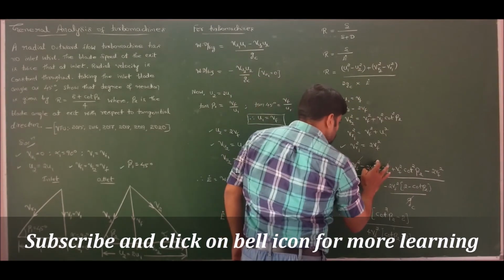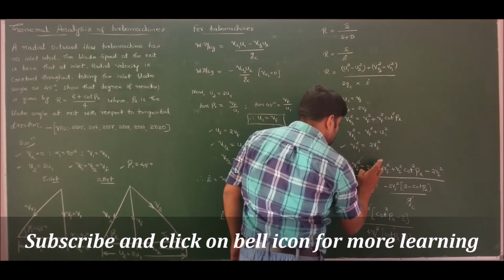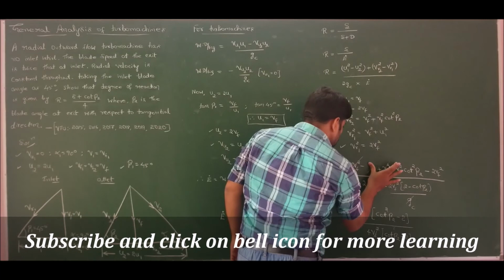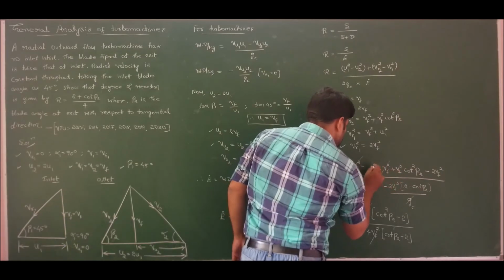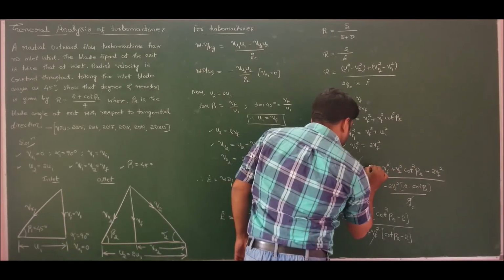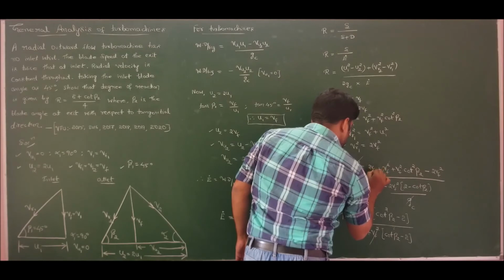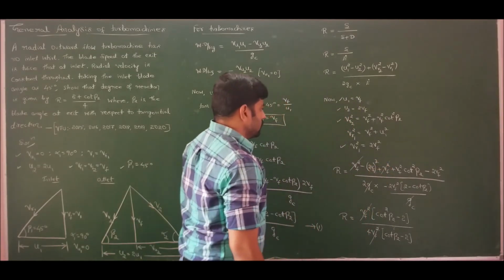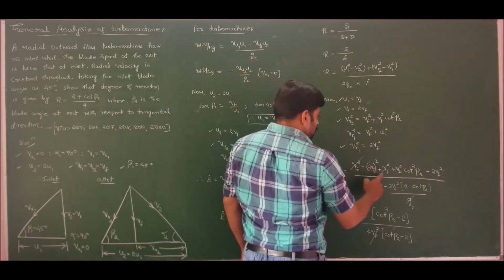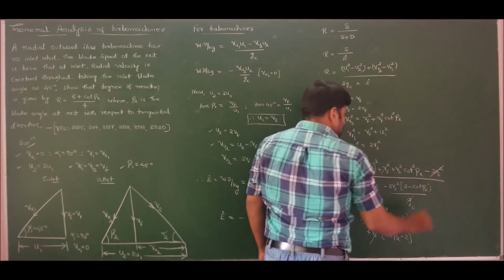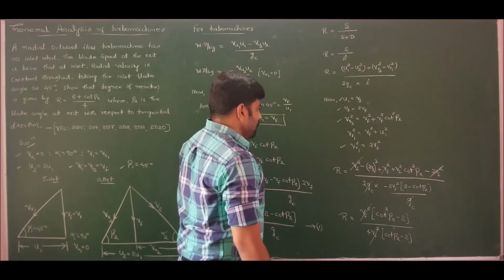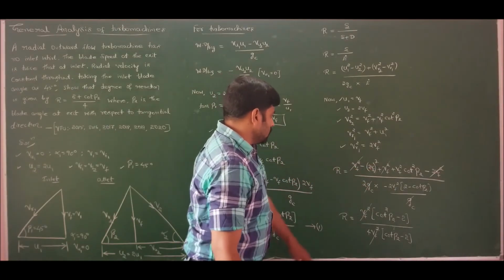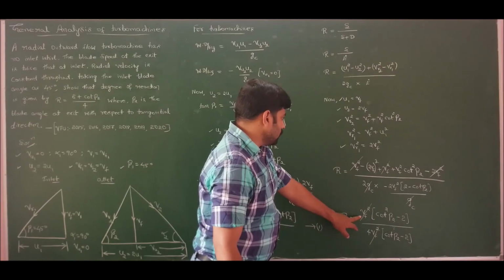So this should be 2 VF whole square. You can observe here, this should be 2 VF whole square. U2 is 2 VF, U2 square, 2 VF whole square. So therefore VF square I can cancel here, minus 2 VF square. So 2 square is 4 VF square. So I taken VF square common, so I left it with 4.